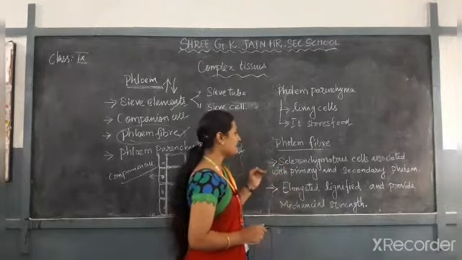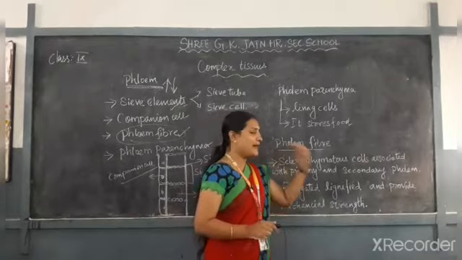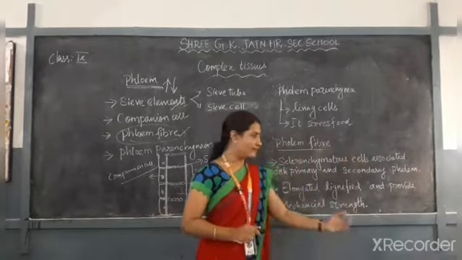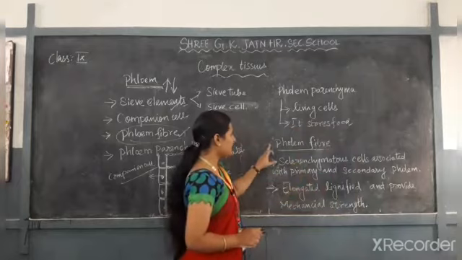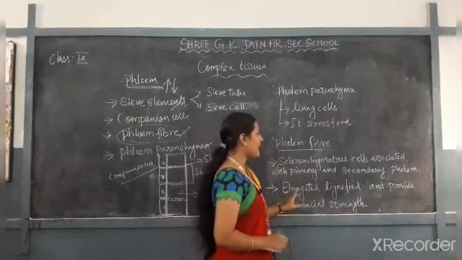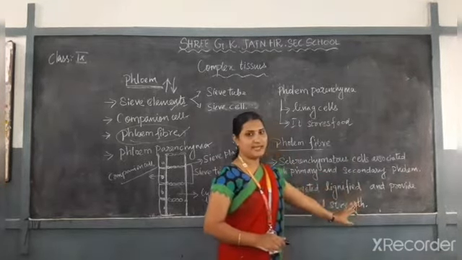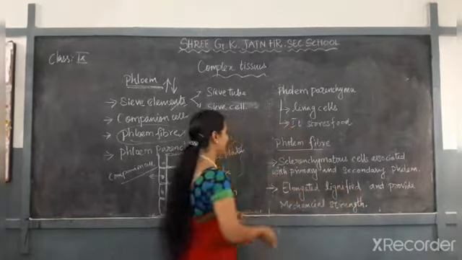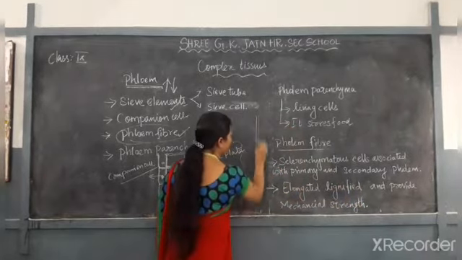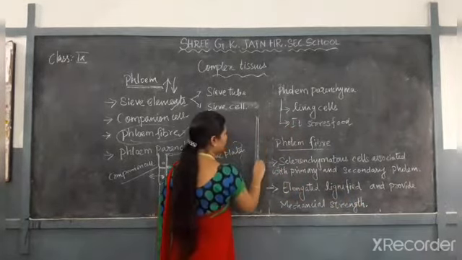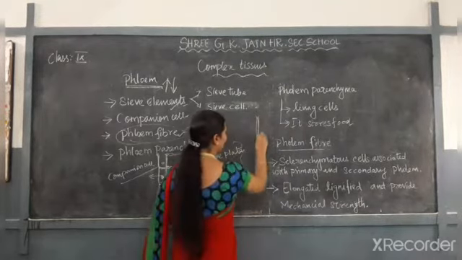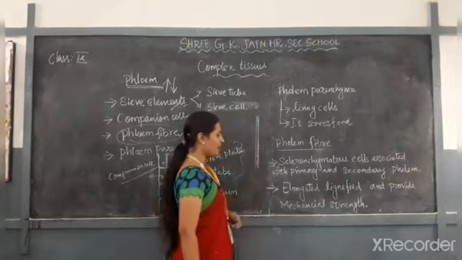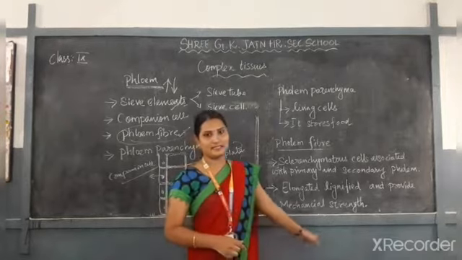Here this phloem fiber has elongated and lignified walls. The lignin substance is deposited on the walls of the fiber, which provides mechanical strength.